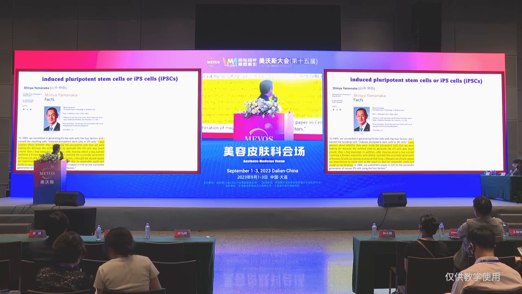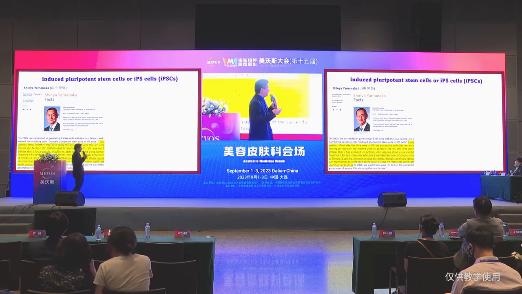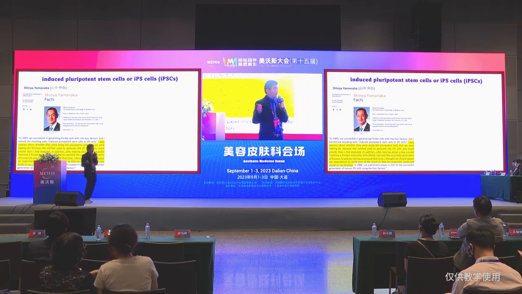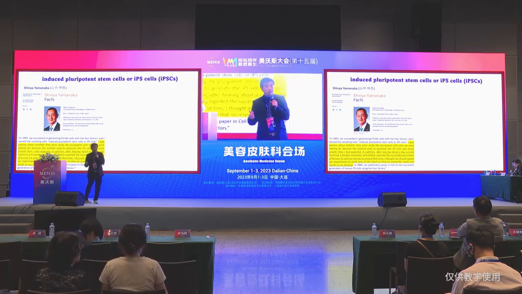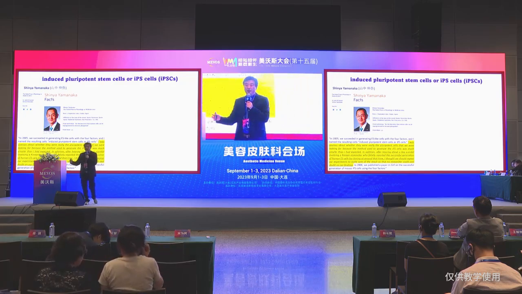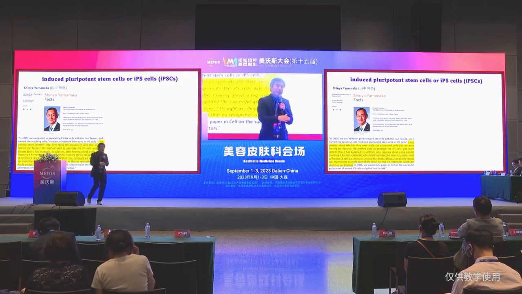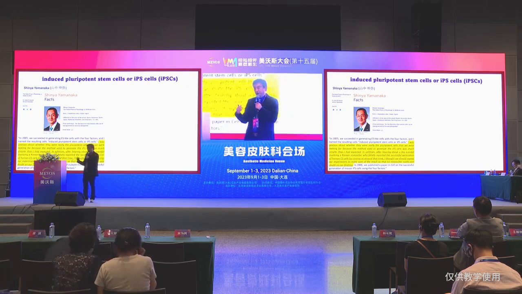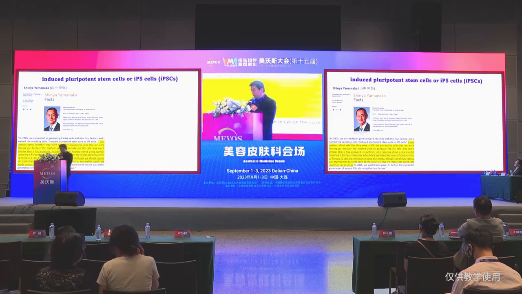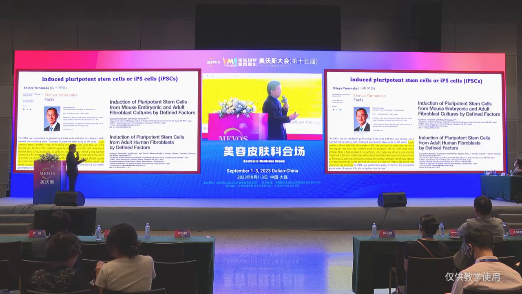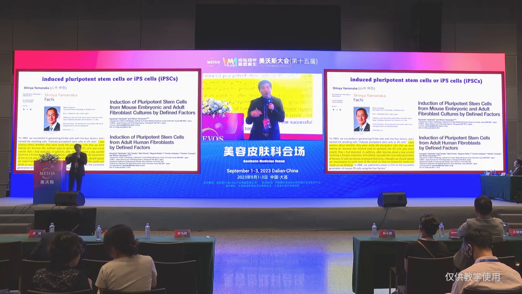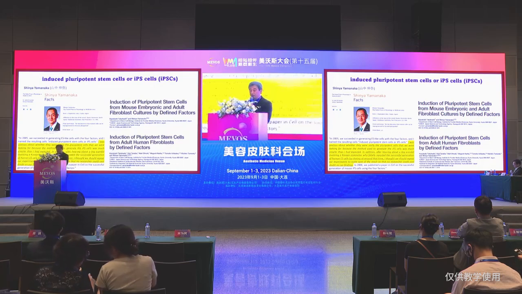In addition, after hearing about a big scandal involving a Korean scientist, he was very cautious. That's why he postponed publication for 1 year until he replicated his results in human fibroblasts, then published back to back in Cell. Seven years later, he got the Nobel Prize.